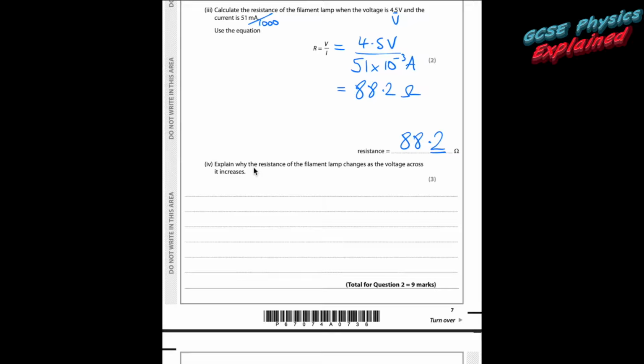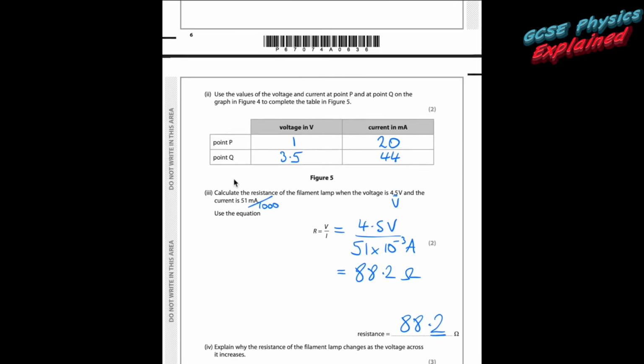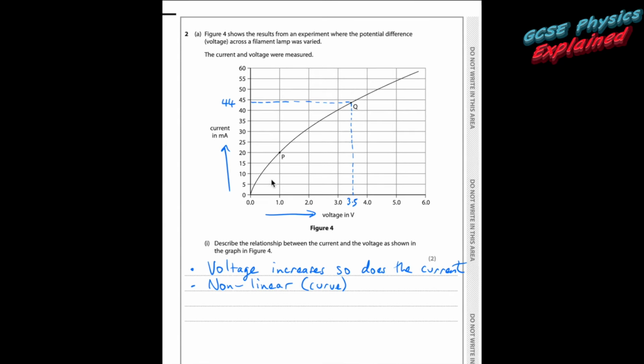Part 4. Explain why the resistance of the filament lamp changes as the voltage across it increases. Right, let's go back and have a look at the graph. On a current voltage graph, if the gradient is steep, that means the resistance is small, and if the gradient gets flatter, that means the resistance is getting bigger.